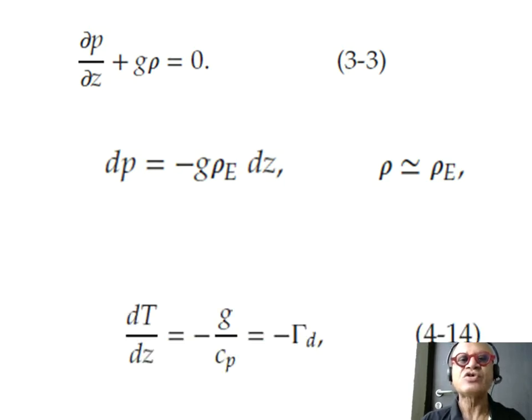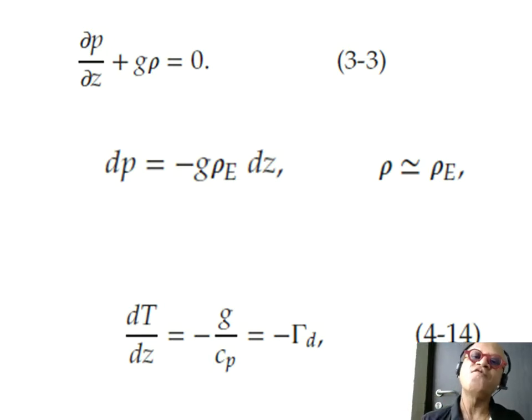The gradient of temperature in the atmosphere, remember we already said temperature is not a conservative quantity, because even when we move it adiabatically, temperature changes because of compressibility effects. So dT/dz is minus g over Cp, and that is known as the dry adiabatic lapse rate.